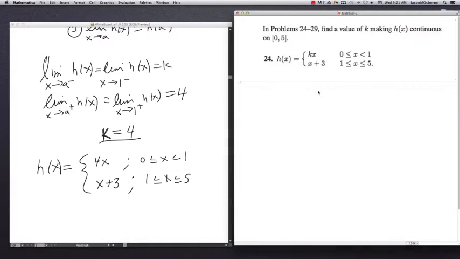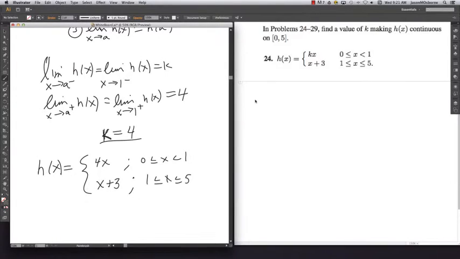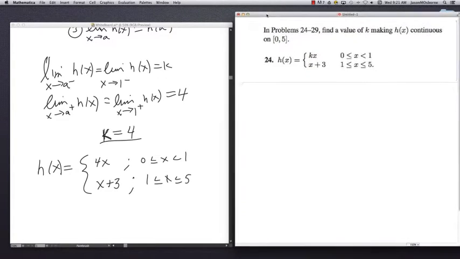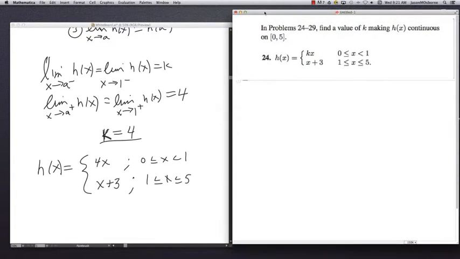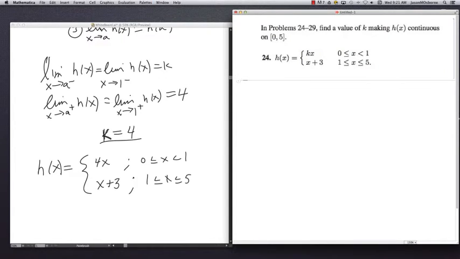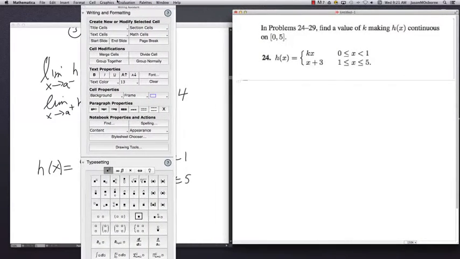Okay. So let's take a look over here now, just in case there's some people that are trying to move beyond their calculators and trying to use Mathematica. Remember from the website, there is a download for Mathematica through the university. And if you want to put in a piecewise defined function, you go to Writing Assistant, and that will bring up this thing. And right here is your piecewise defined function.